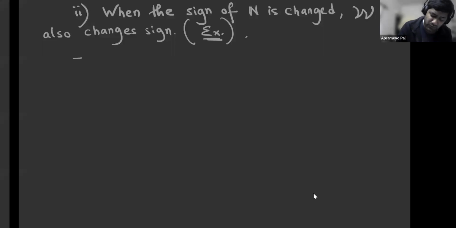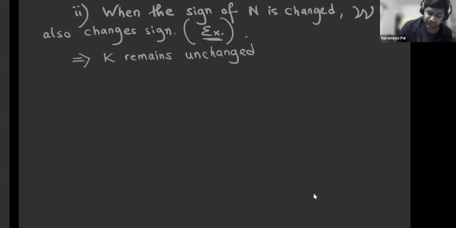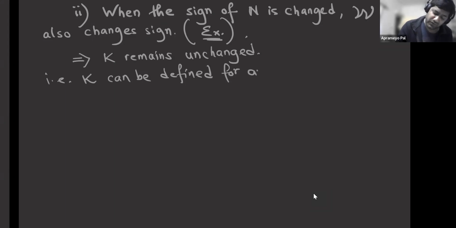So one can show that this K remains unchanged. So in other words, K can be defined for any surface, oriented or not.